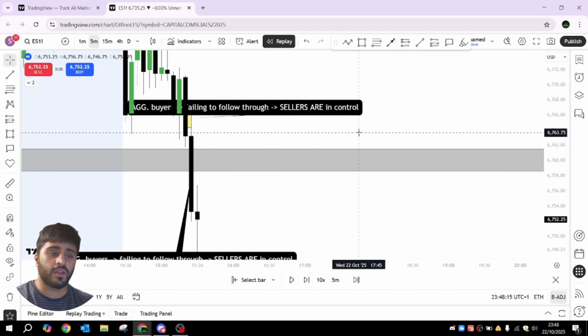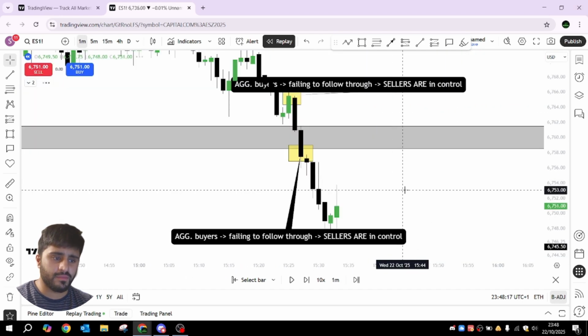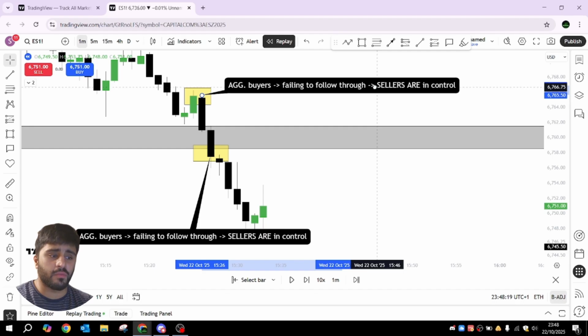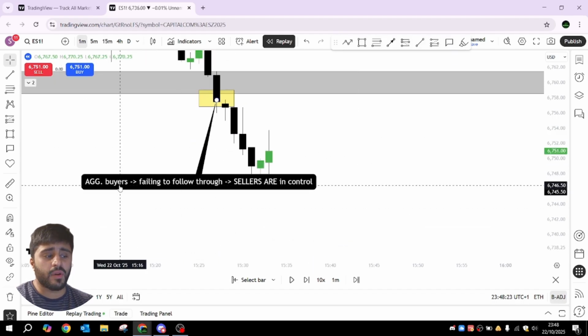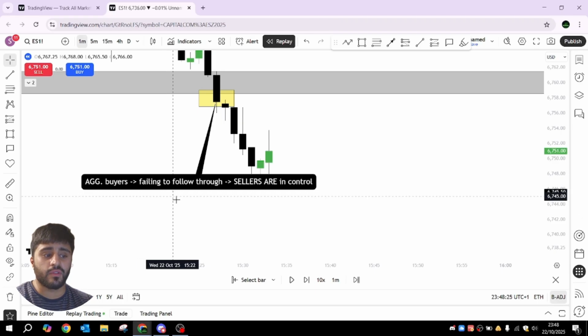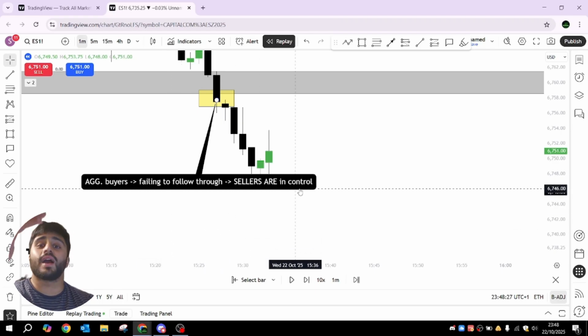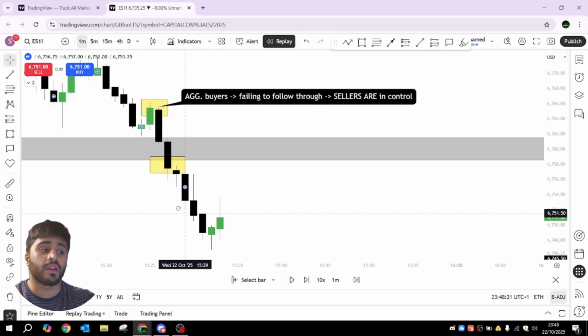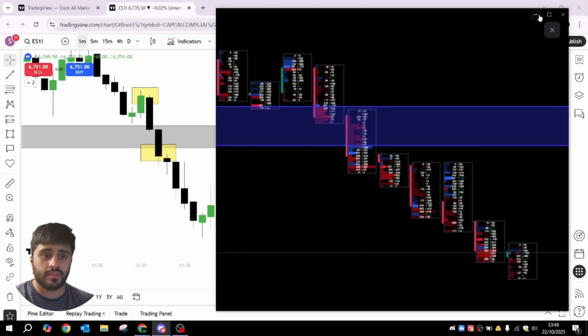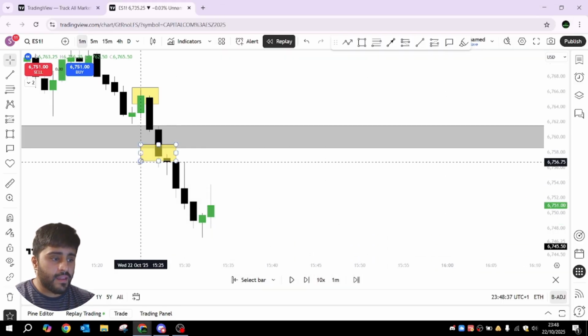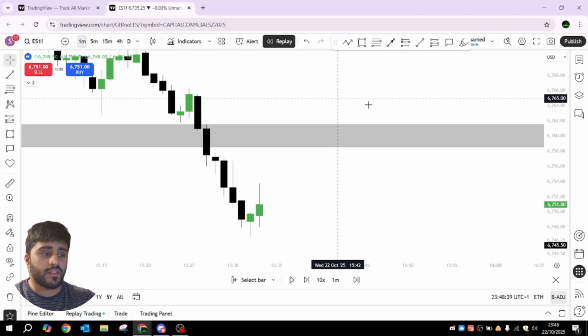But if we go to today's price action on the 1 minute, we see quite the opposite. We see a heavy flush to the downside. Aggressive buyers are present, but failing to follow through. Sellers are in control as the market moves down, and we know that because of the order flow. Now, this is where it gets very interesting.